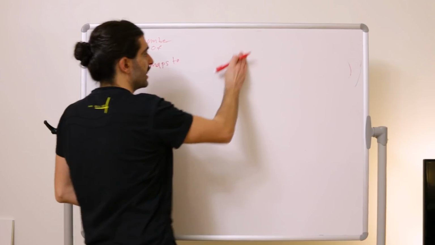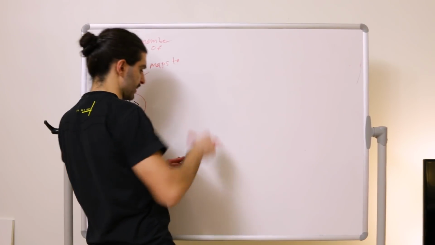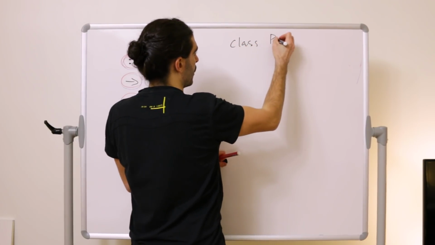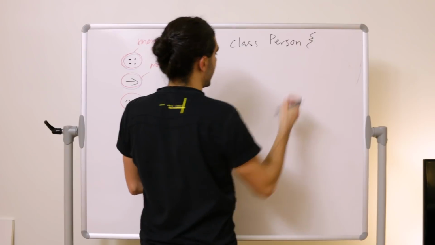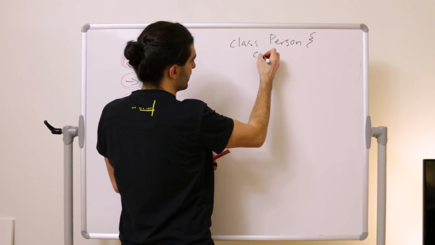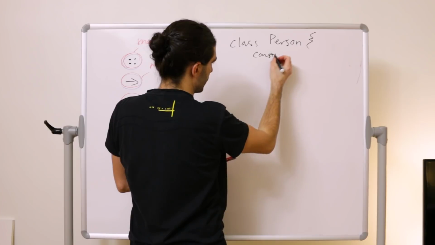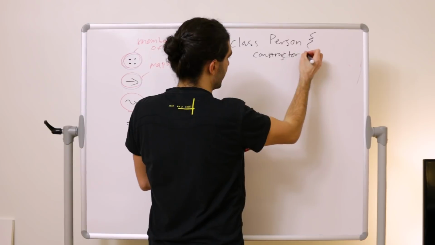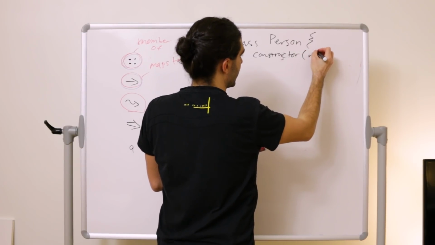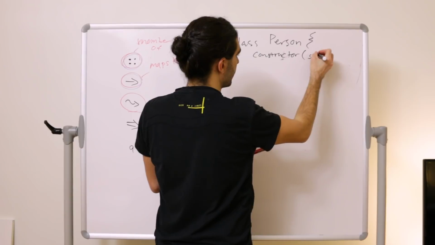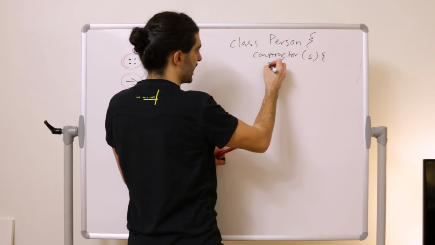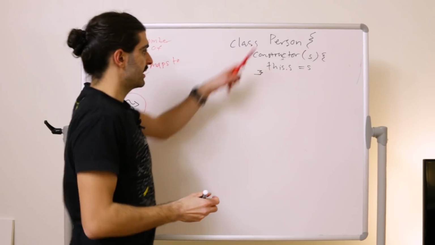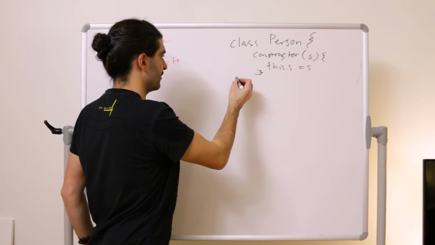Let's say I'm just going to use pseudo syntax. Let me go black again. So let's say we have a class called person, and it has some constructor that takes some s, which will be the name of the person, and then we'll assign this.s to be the s that we were passed in.